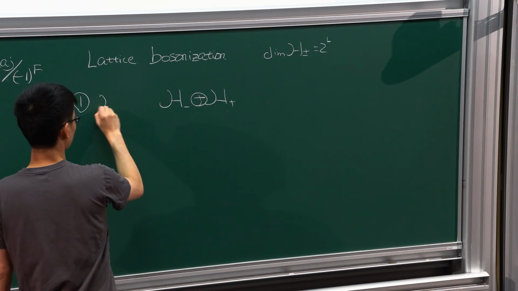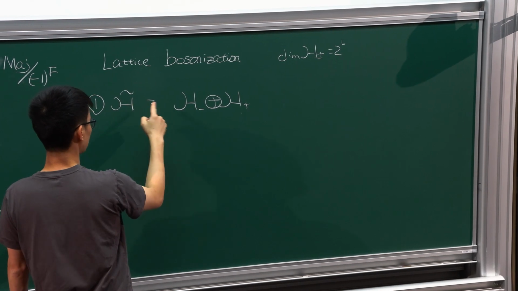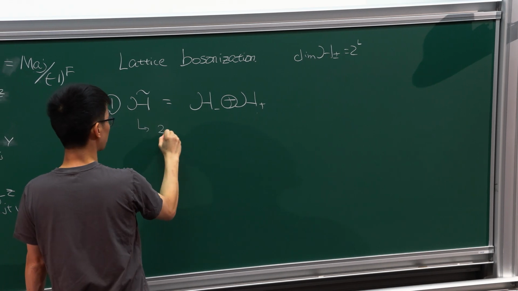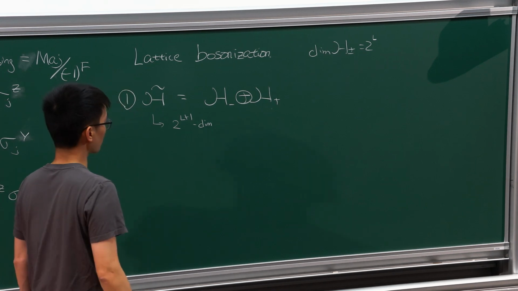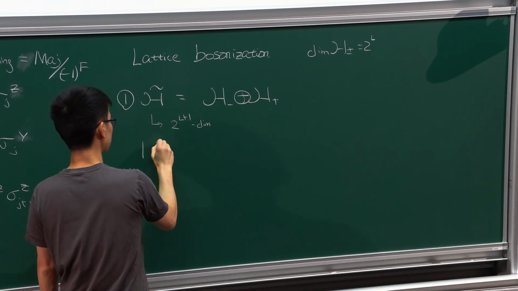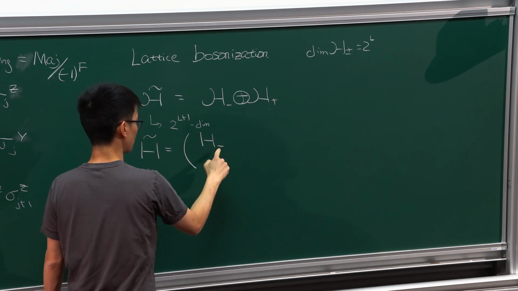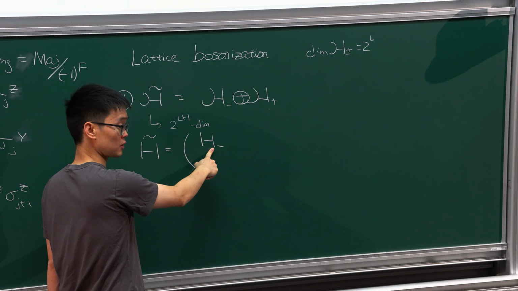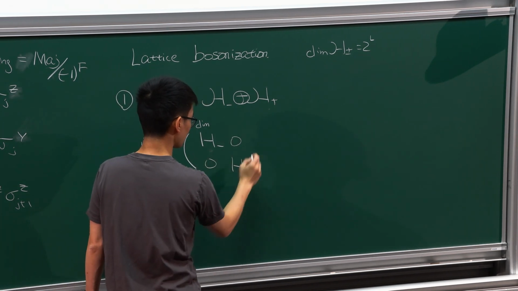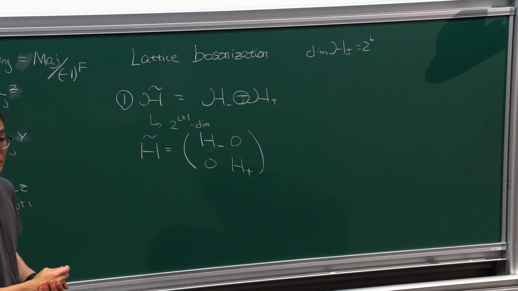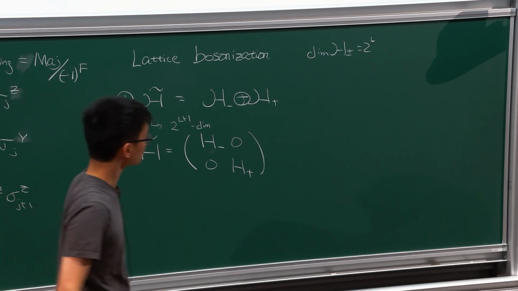So I take the direct sum of the two Hilbert spaces to obtain a bigger Hilbert space, which is temporarily 2^(L+1) dimensional. And on this bigger Hilbert space, I consider a big Hamiltonian, where I put the anti-periodic Hamiltonian in this block, and the periodic boundary Hamiltonian in the lower block. So I enlarge the system. You can think about it as adding a qubit to the system.